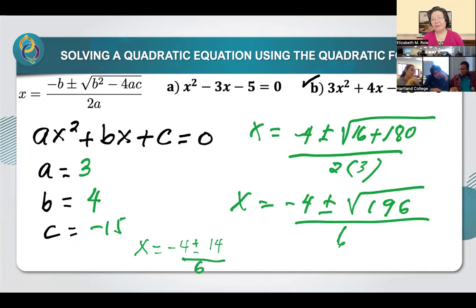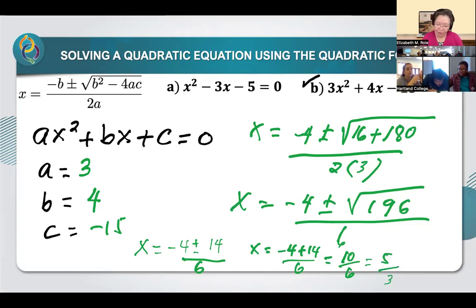One of them is negative 4 plus 14 over 6, which gives you 10 over 6, which is 5 over 3.